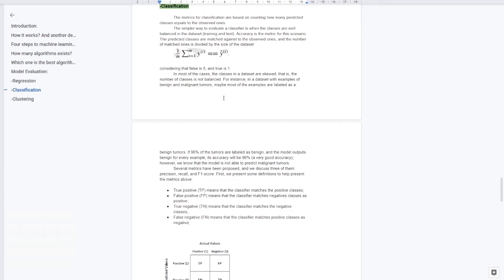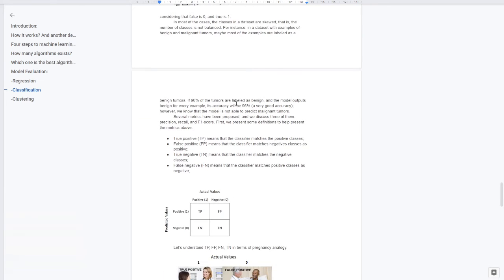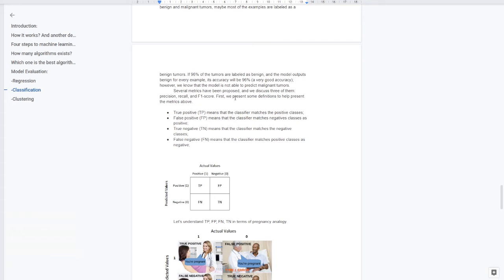If 96% of the tumors are labeled as benign, and the model outputs benign for every example, its accuracy will be 96%, a very good accuracy. However, we know that the model is not able to predict malignant tumors.